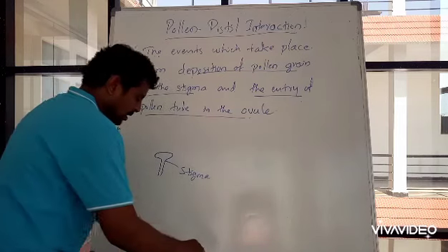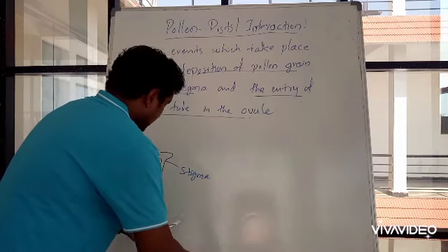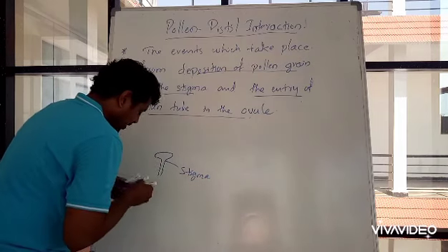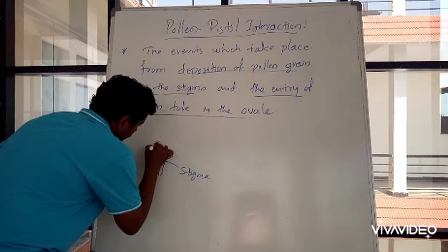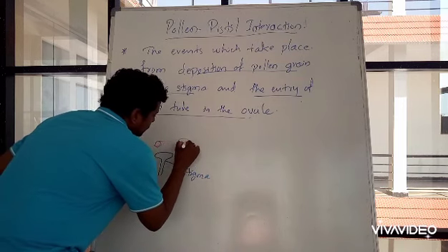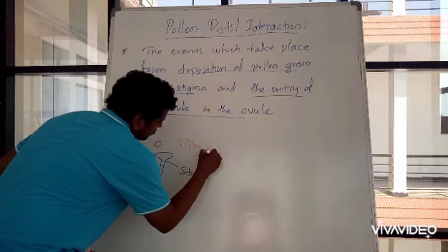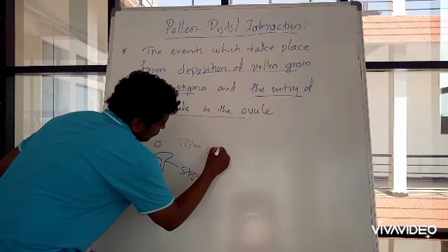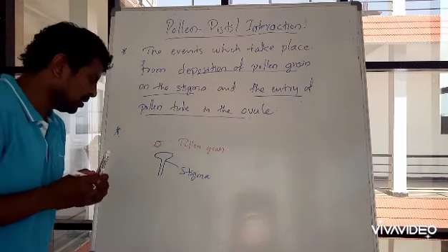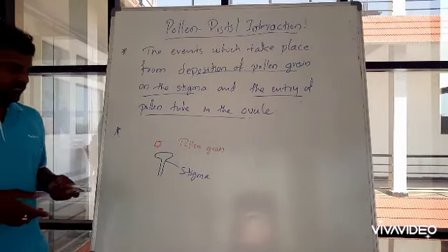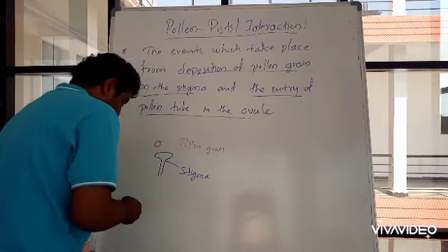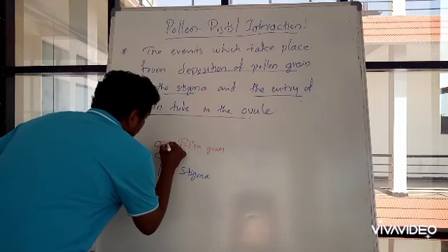And here I am drawing the pollen grain. Generally, what happens is, I am going to draw one more pollen grain over here.